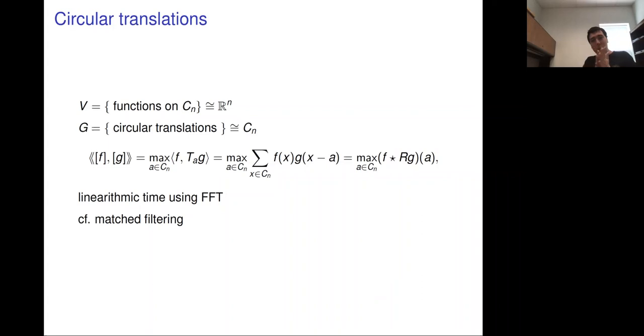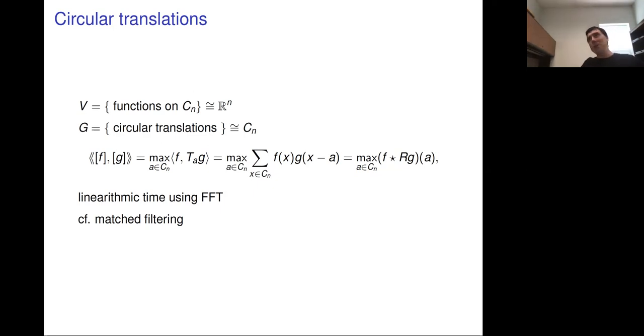If you want to max filter against that action, it turns out that you're basically taking a max of a convolution. If you want to max filter F with G, what you need to do is take the convolution of F with the reversal of G. That R just means reversal, it just means you write the vector backwards.